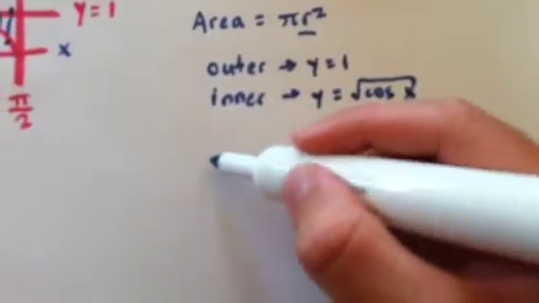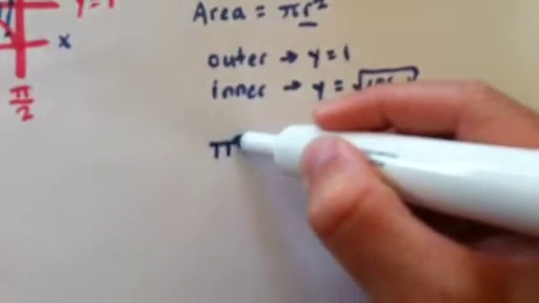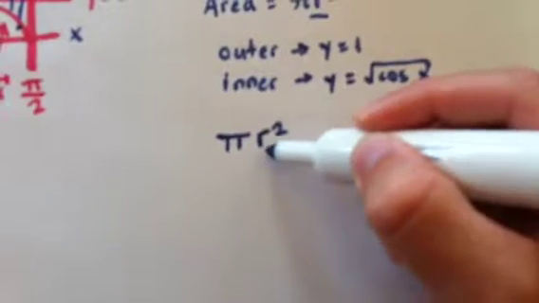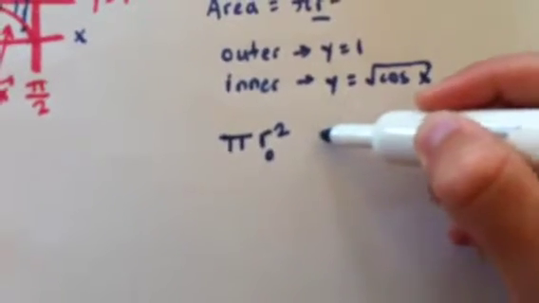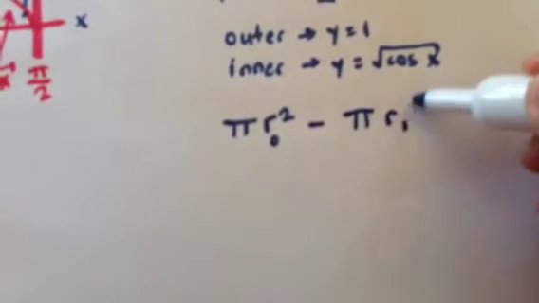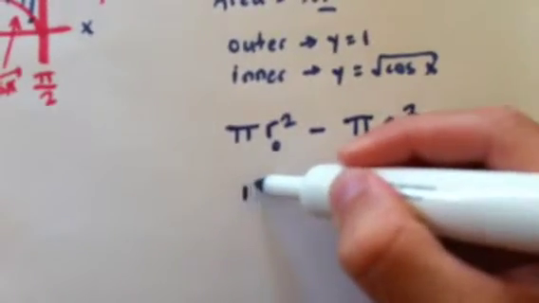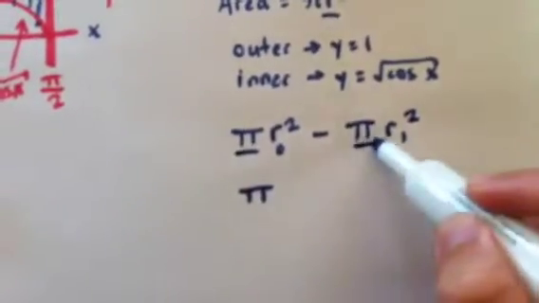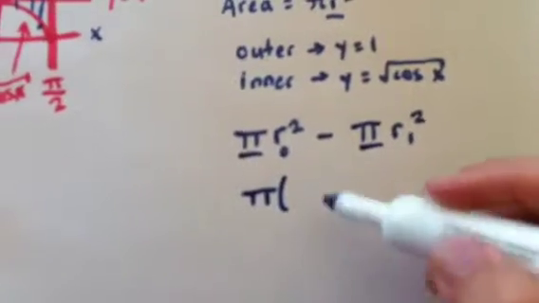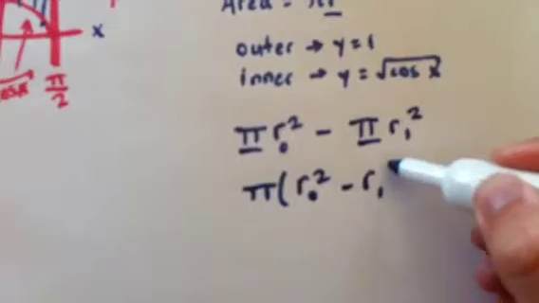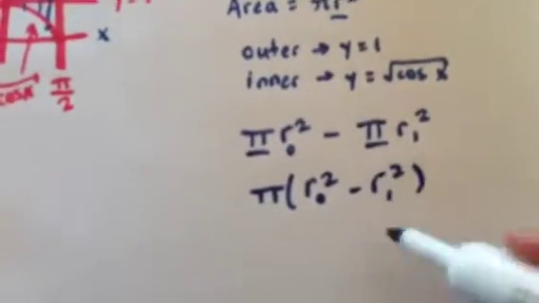So when we set up our integral, we want to use pi r squared for the outer first, and then minus pi r inner squared. So that's going to be, if you factor out the pi, r outer squared minus r inner squared.